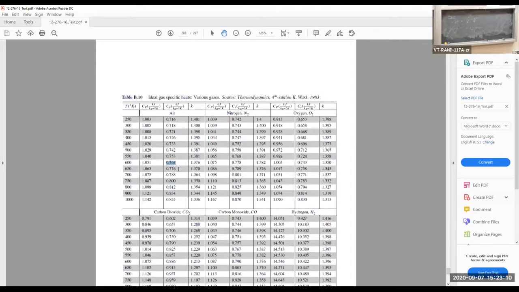So CV is not entirely constant during the heating process. It's getting bigger as temperature goes up.